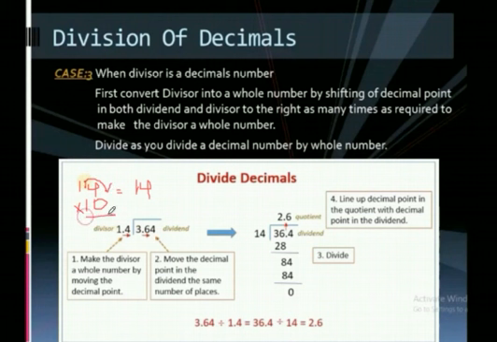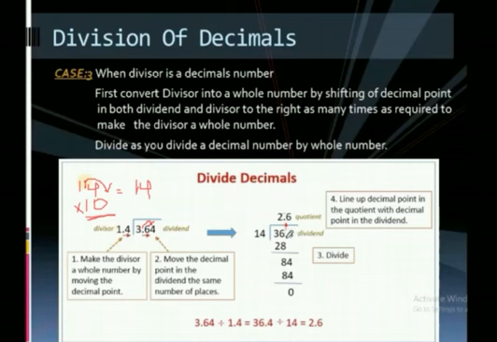So I have to multiply the dividend also by 10. When I multiply this by 10 and this by 10, it will become 14, and this will become, again the point will be shifted to the right one time, 36.4. Now you can divide them easily as you do the division in case 2.